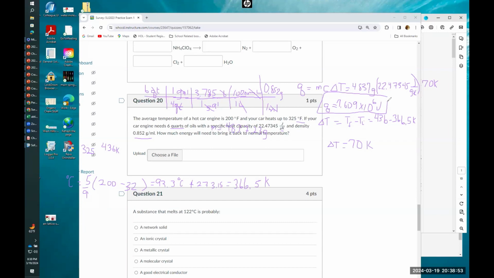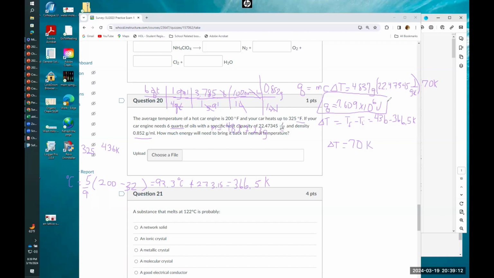Okay, I forgot to multiply by the temperature. So yeah, I got that. Yeah, the same. Okay, so 7.609 times 10 to the 6. Yeah, 1, 2, 3, 4, 5, 6. Yeah, when you move it.